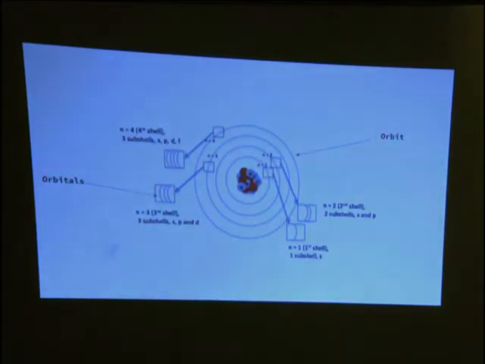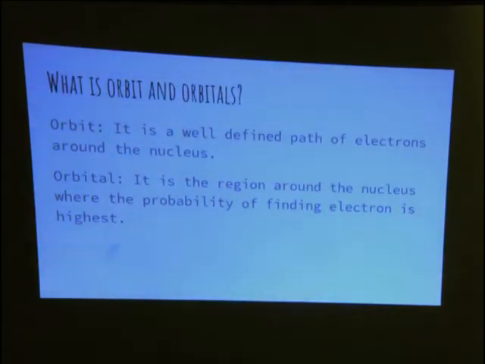If you look into this one, the electrons revolve around the nucleus in a well-defined path that is known as orbit. And what is orbital? Orbital is the region around the nucleus where the probability of finding the electron is highest. So if you look into this diagram, this space around the nucleus, that is the orbital.